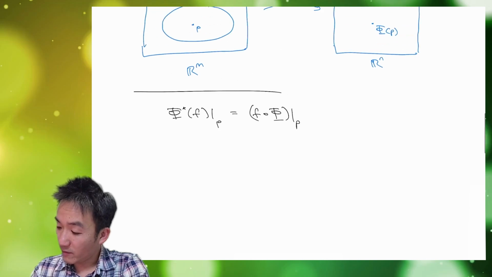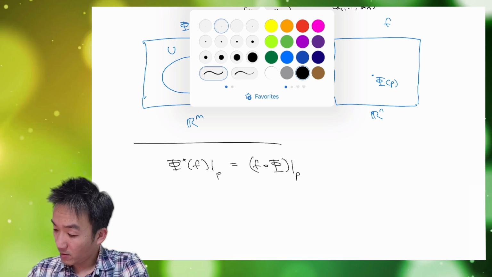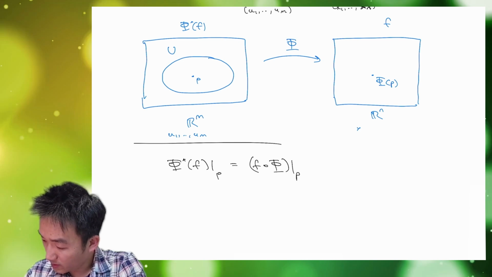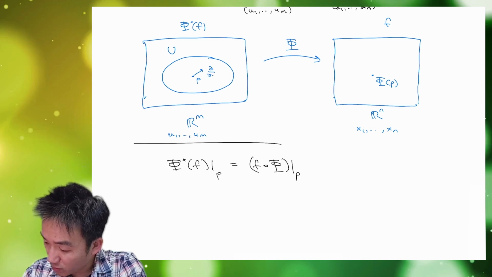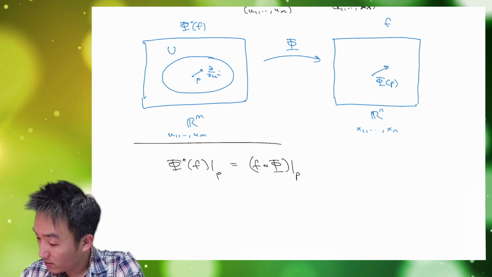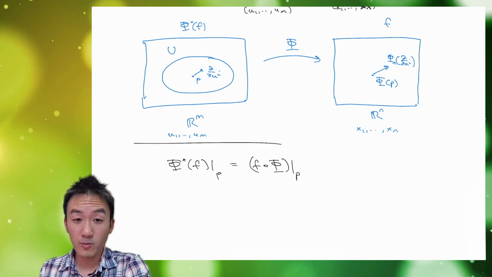Things get more interesting if I look at the push forward on tangent vectors. Here I have coordinates u1 through um, and I have coordinates x1 through xn. I have this coordinate tangent vector, partial u_i. Its push forward is going to be a tangent vector here at phi(p). And I can express that tangent vector in terms of the basis tangent vectors in R^n.